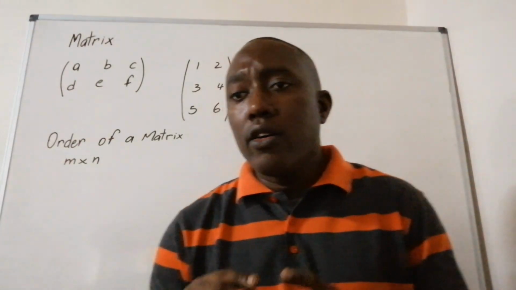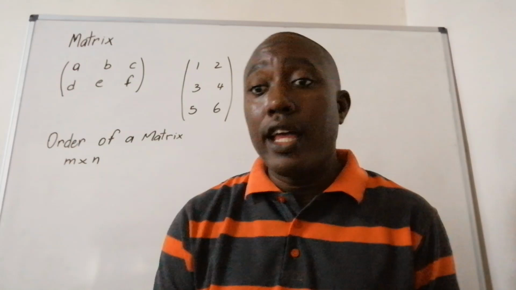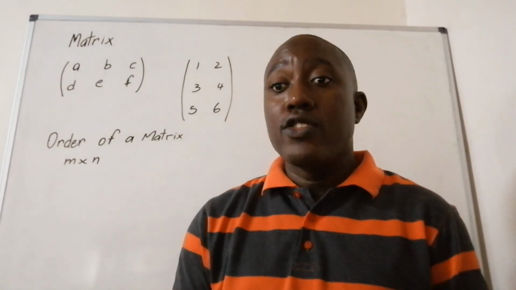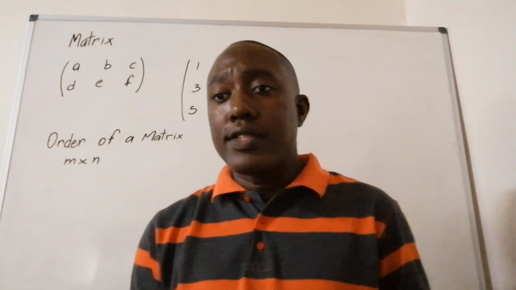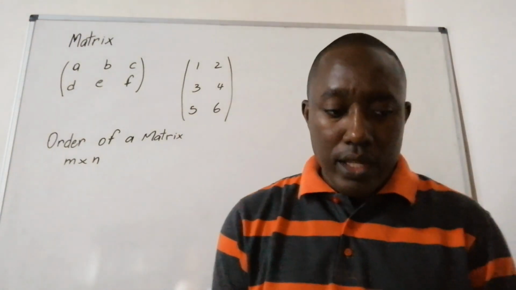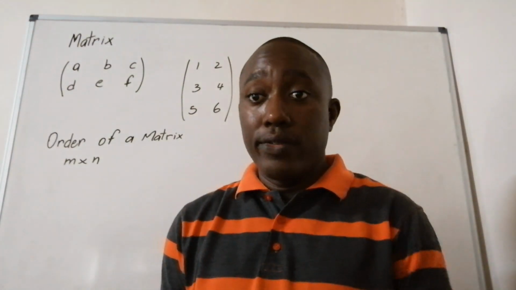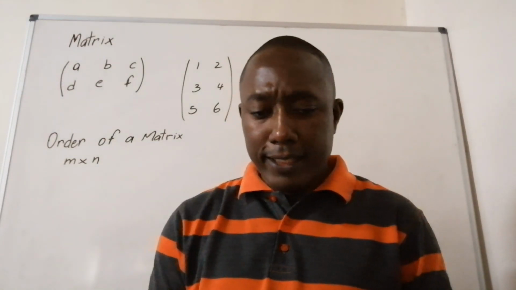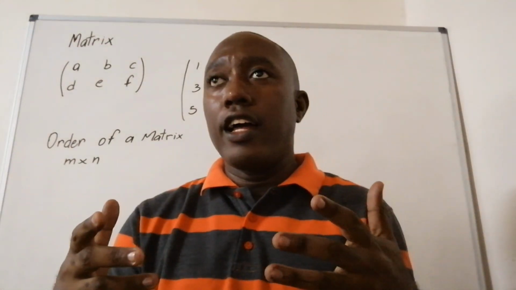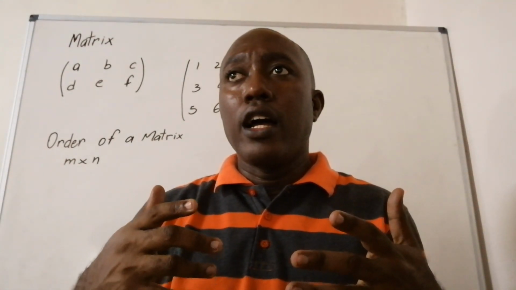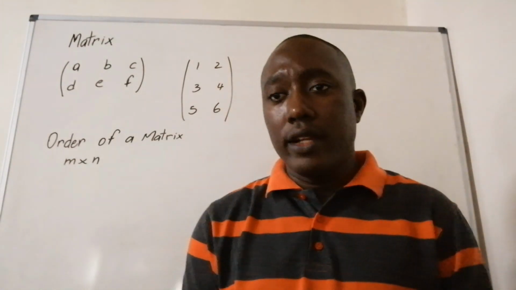Now, matrices are very helpful in our everyday life. Sometimes we use matrices and we don't even realize. Let's say you are a cricket fan, and you may have watched a series such as the IPL.